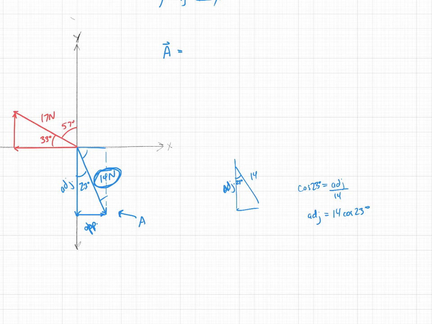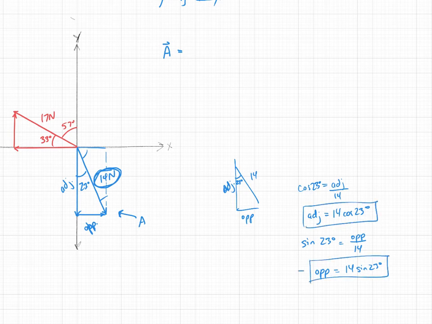Similarly, the sine of that 23 is the opposite over the hypotenuse, so the opposite is 14 sine of 23. That's basically how we figure out what those sides are. This opposite is AX, and this adjacent is AY. That's how we're splitting this apart.